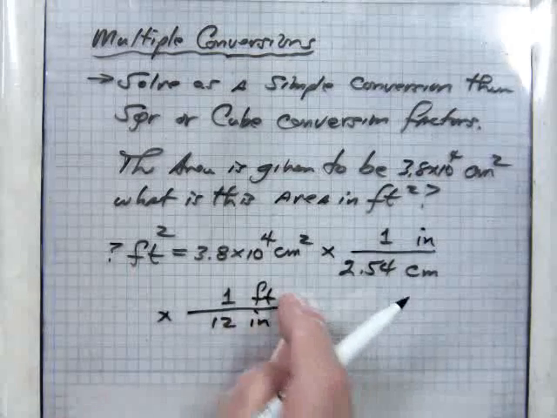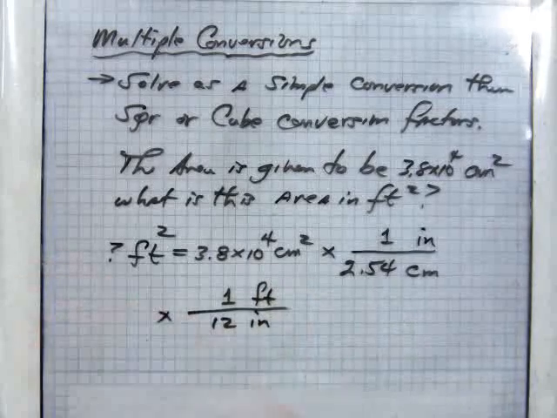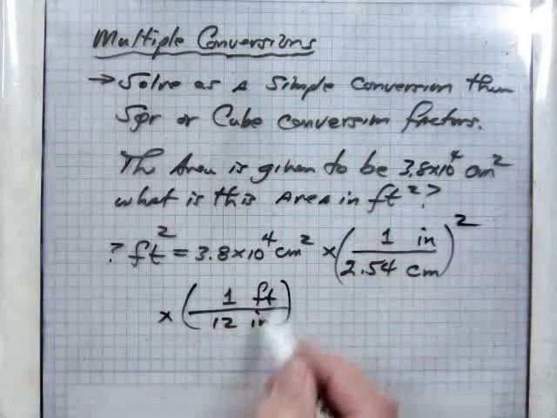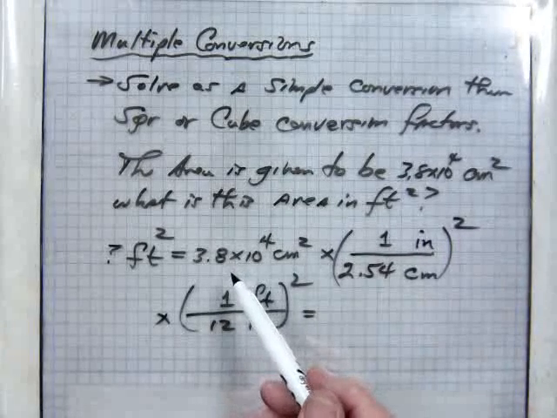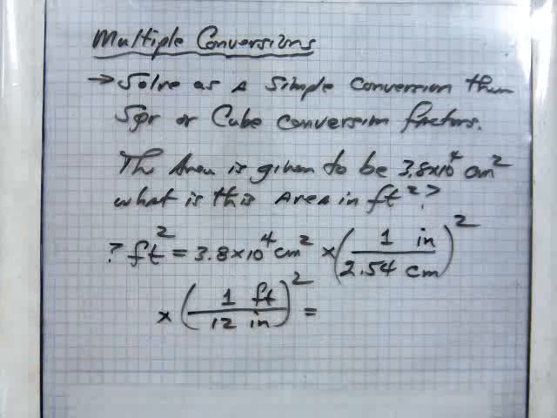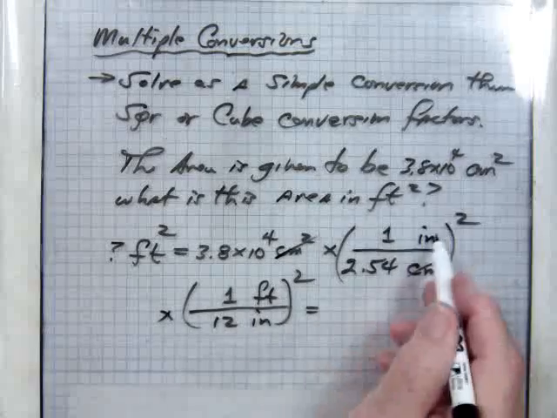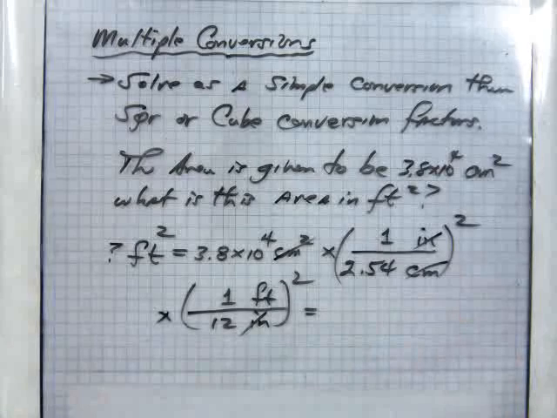Now, once I get to the dimension I'm looking for, I go back and square each of the units and then write the computation from there. Do not square the given data because it's already given as a square. Okay, so you don't want to double square the stuff that's already been squared. Now, that means centimeters will cancel, inches will cancel, and at the end of this, you'll have square feet.